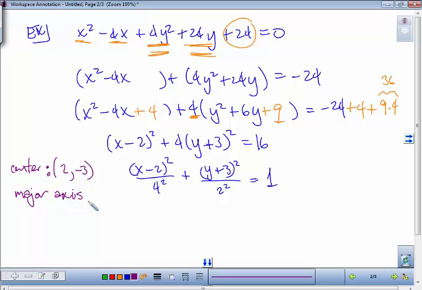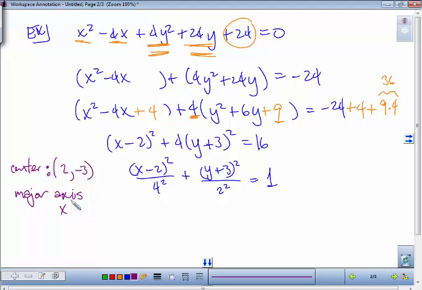So I'll say x-axis, but it's really x is equal to 2, right? Or y is equal to -3, whatever.